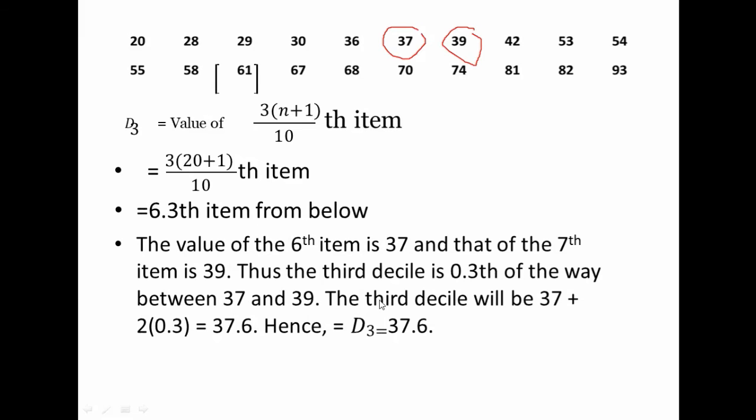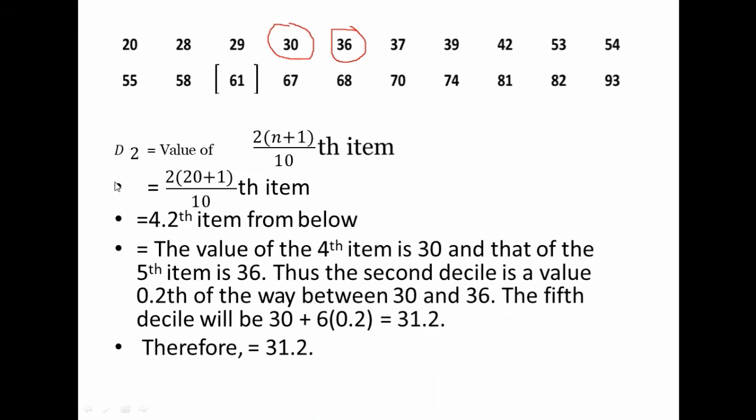And you see over here why we need to multiply by 0.3. Actually the gap between these two numbers is 2, 37 to 39, 2. So the third decile is 37 plus 2 into 0.3. And for the second decile, the gap between 30 and 36 is 6.